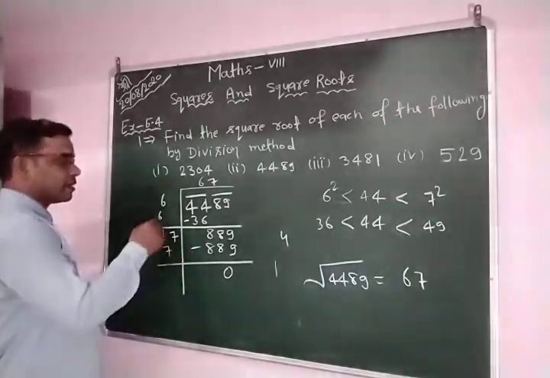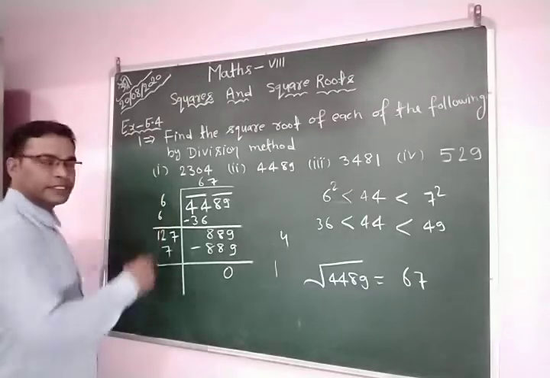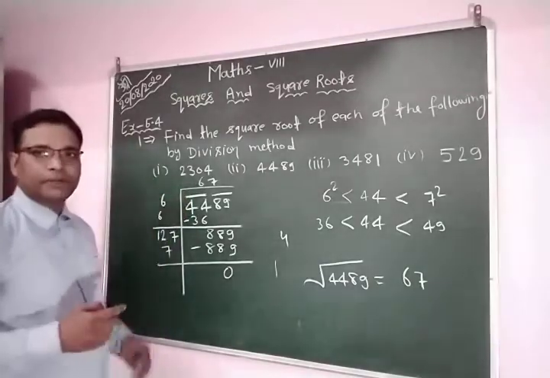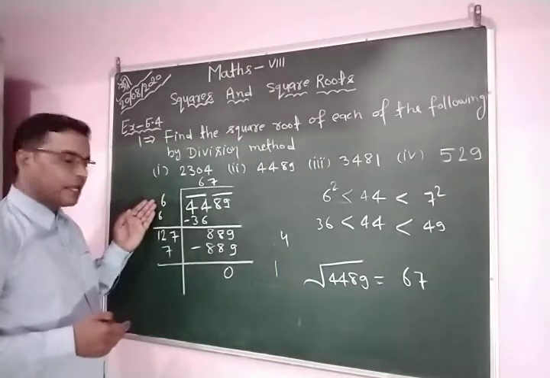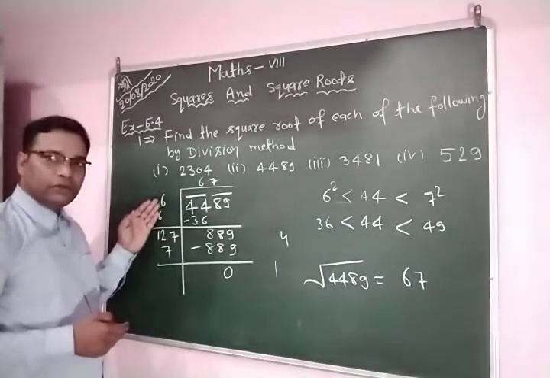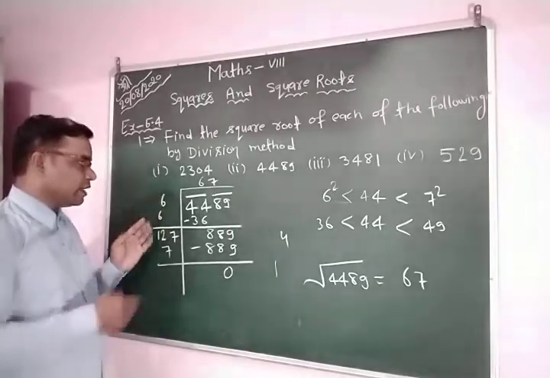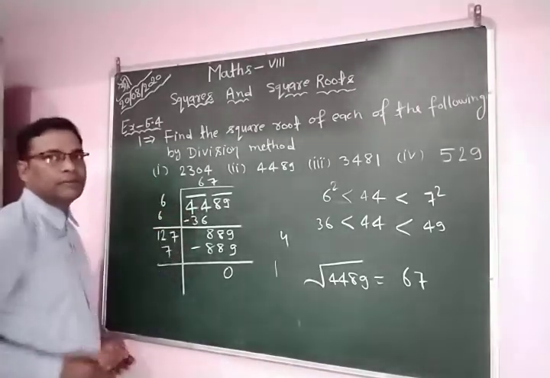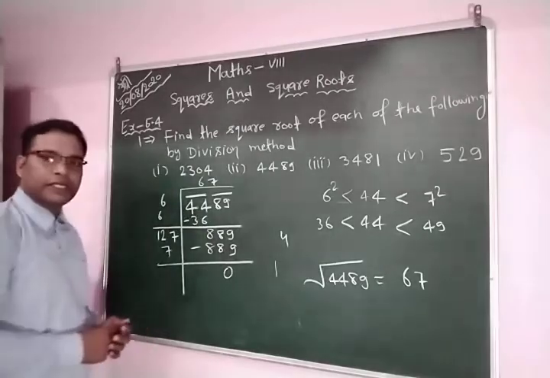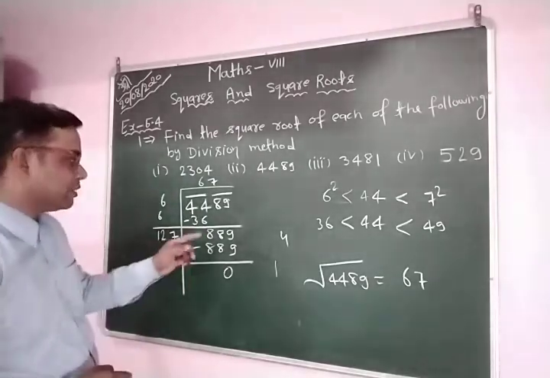Okay, and again we write here the 6. This 6 is the place of the quotient, and this 6 is the place of the divisor. Multiply this 6 by this 6, we obtain 36, and subtract it from 44. If we subtract 36 from 44, we obtain 8.